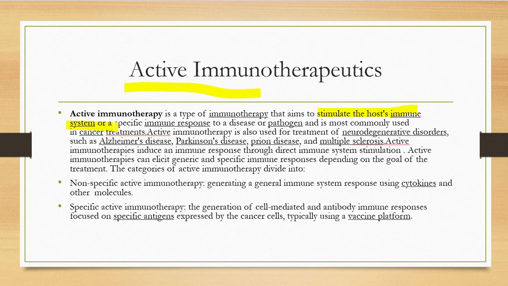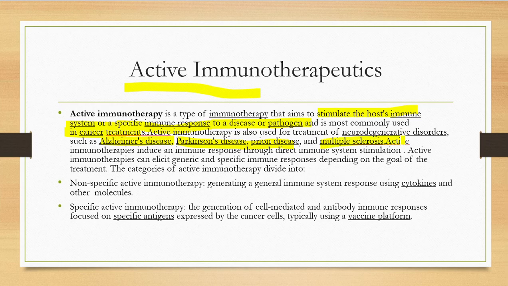We only stimulate the immune system. We can stimulate specific responses to a disease or a pathogen, and it is most commonly used in cancer treatment. It is also being studied for neurodegenerative disorders like Parkinson's disease, Alzheimer's disease, prion disease, and multiple sclerosis.